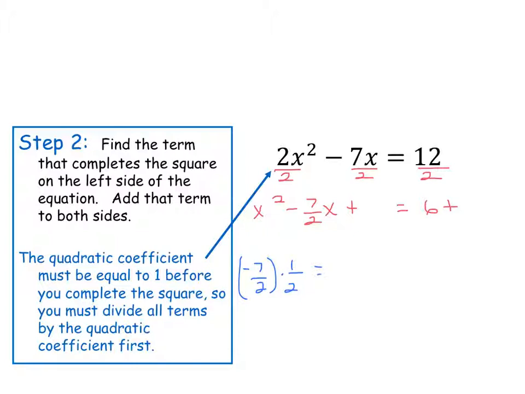And so half of our b term is negative 7/4, and we square it, and we get 49/16. Now we add 49/16 to both sides.